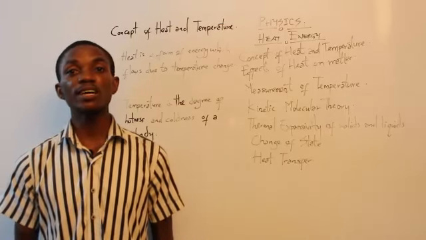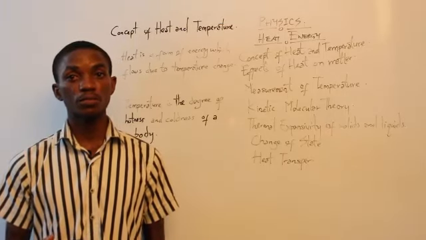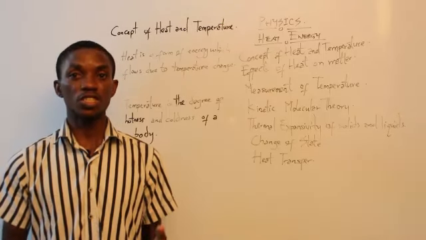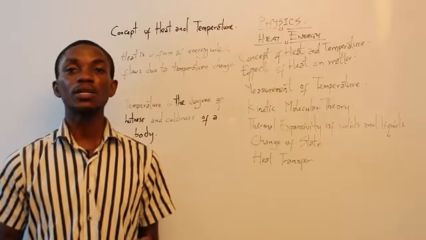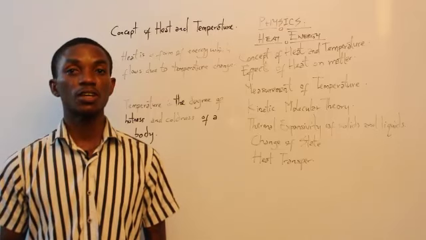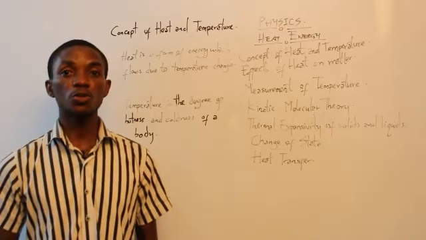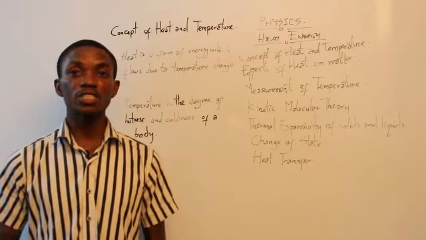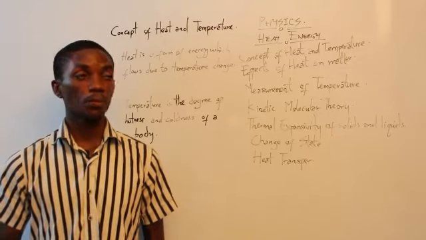It is possible that there is a temperature change and there is heat change, and it is also possible that there is no temperature change but heat change also occurs. That is, heat energy is being used up.